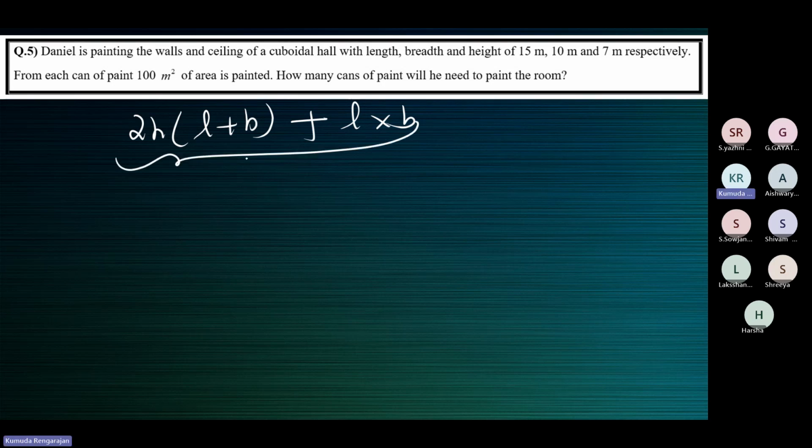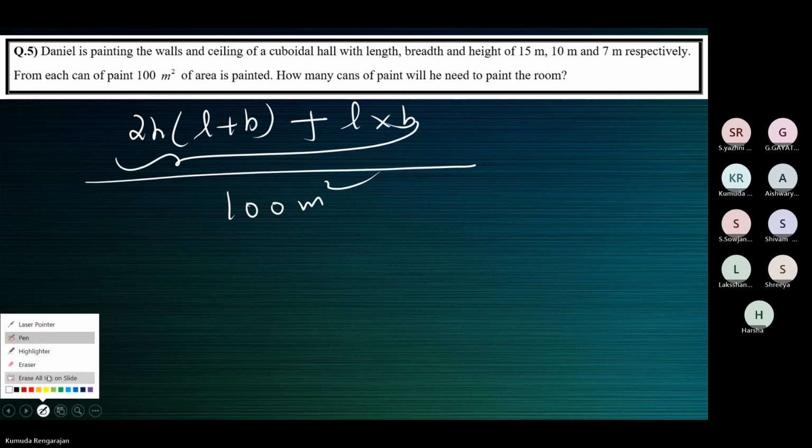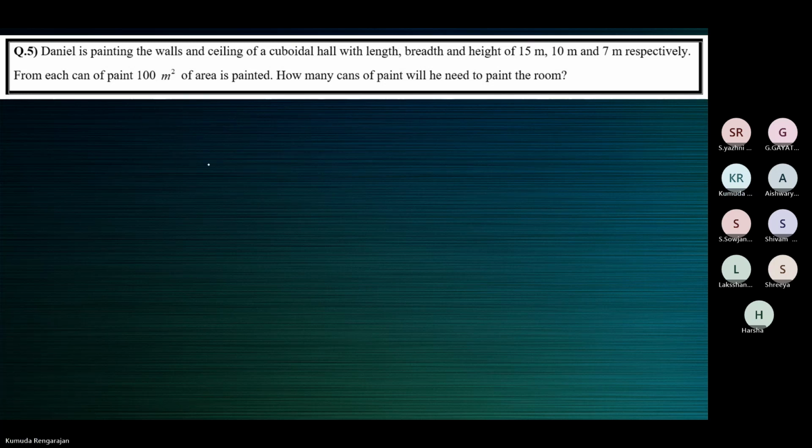So this area divided by 100 meters square will be the number of cans needed. Area by area. The bigger area, the area that is to be painted.